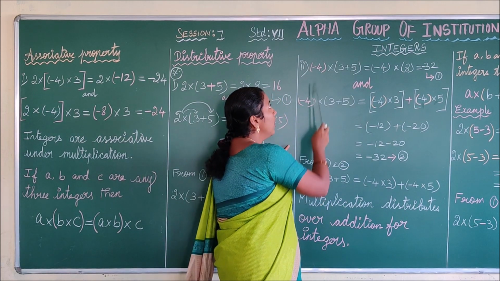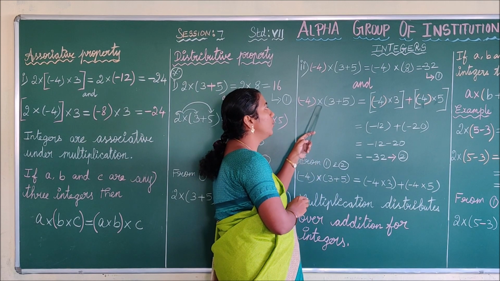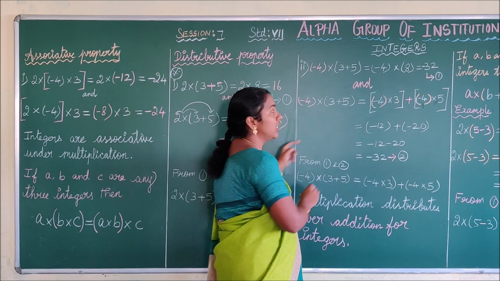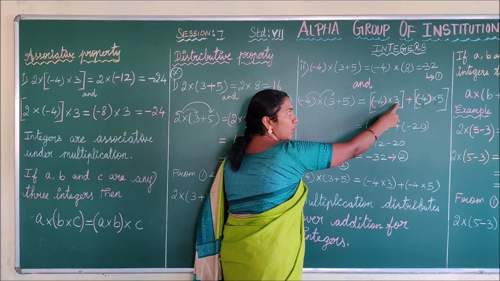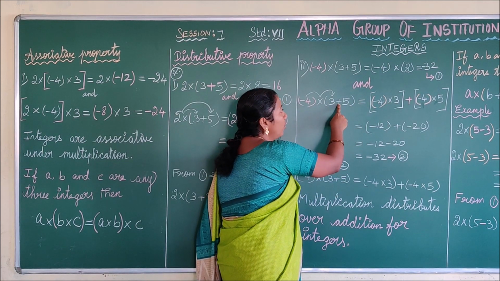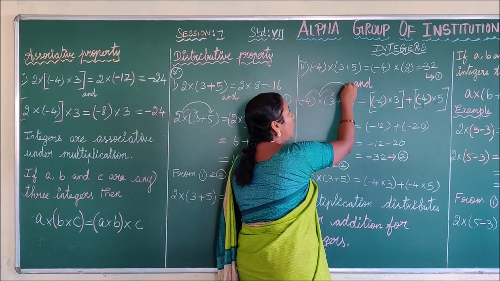And see the next. Minus 4 into 3 plus 5. Now we are going to distribute this multiplication over addition. That is minus 4 into 3, and then you have to write the plus symbol here, plus minus 4 into 5.